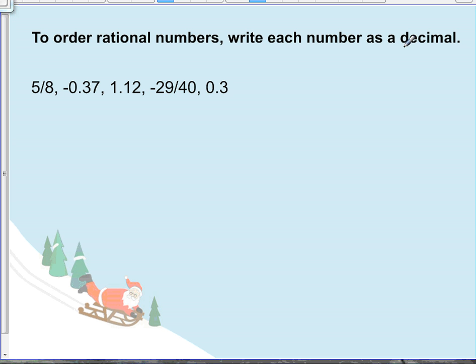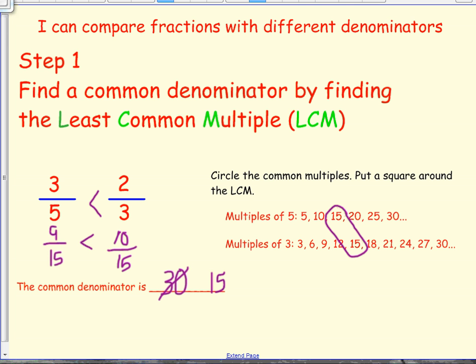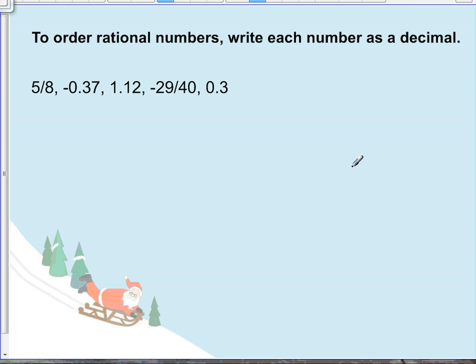Well, we're actually eliminating the whole concept of having to find a common denominator, or a least common denominator in this case, because decimals are very easy to see right away what's what. So I already have 3 decimals present in this particular set of rational numbers, but I have 5/8 and -29/40.